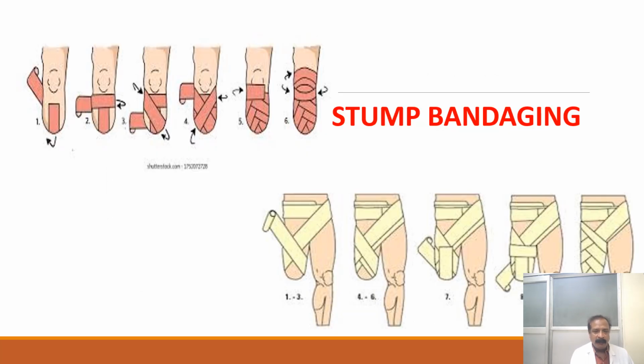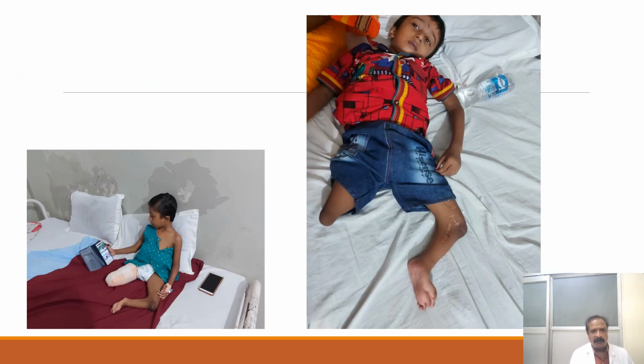Stump bandaging: for any type of amputation, we can make it conical shape, with various types of stump bandaging. These are the practical things we have to learn. Otherwise, we will amputate, but the prosthesis fitting will be a problem, and then it will lead to revision. So stump bandaging is an important part of stump management, making a proper conical shape of the stump.